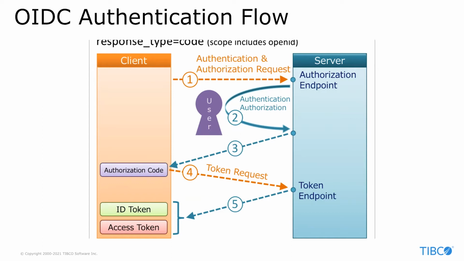Jasper will then request a token from the token endpoint using the authorization code, and that will retrieve an ID token or an access token. Access tokens are more for the OAuth 2.0 specification, as you can pass those around to various resource servers that you may have specified. ID tokens are the JWT JSON Web Tokens that will be returned and that can be processed for identity purposes and authentication.